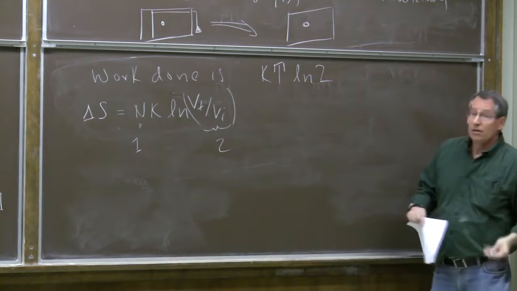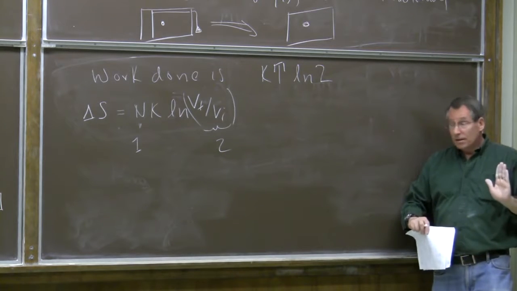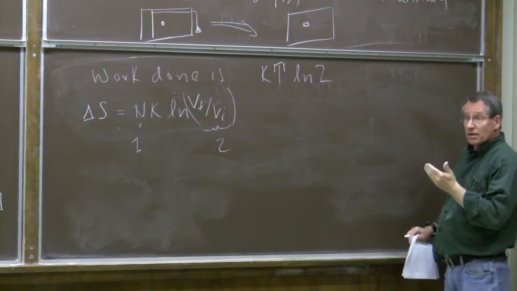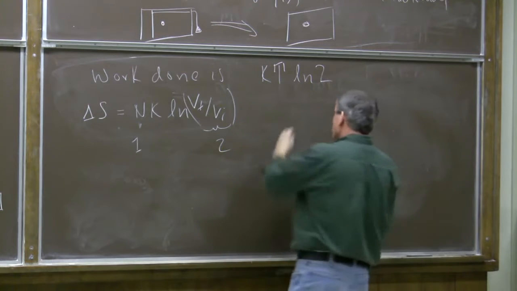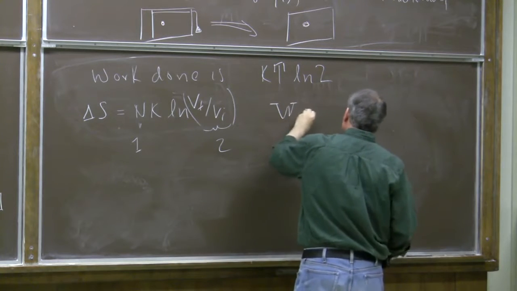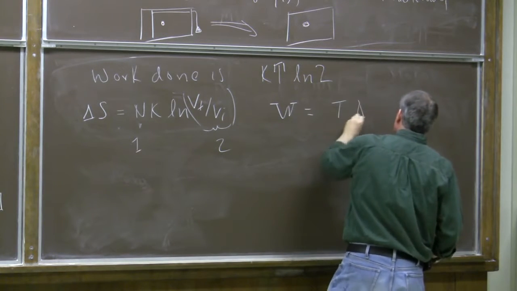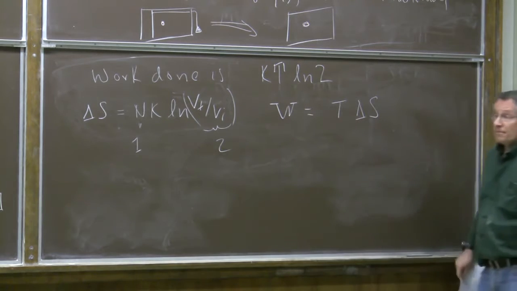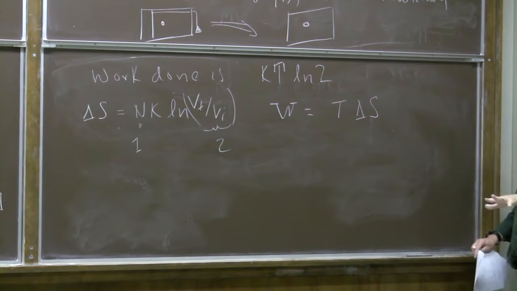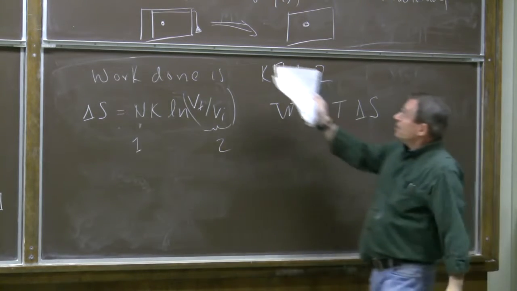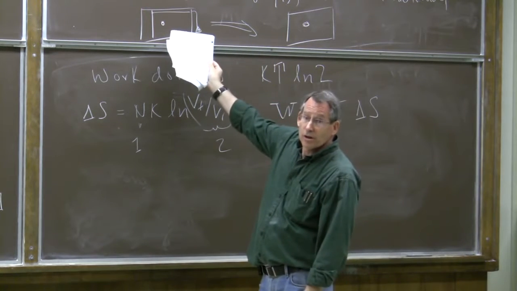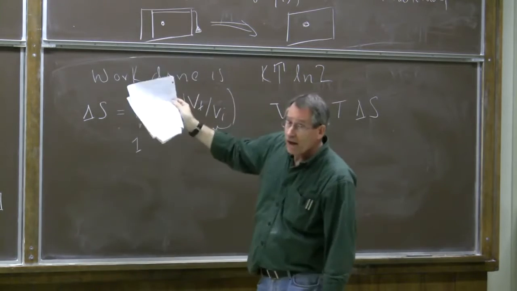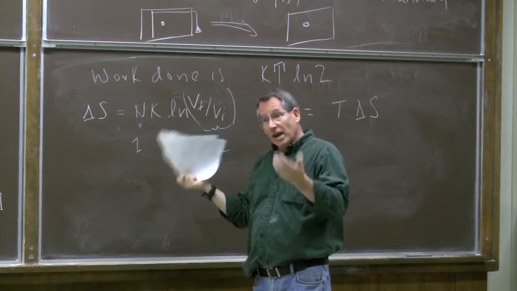And the amount of work done isothermally, then, is kτ log 2. The work, according to the first law, is just the temperature times the change in entropy. So there's heat flowing from the reservoir into our one molecule gas, and that heat is doing the work. Okay? We lifted the weight, but there was no waste heat.